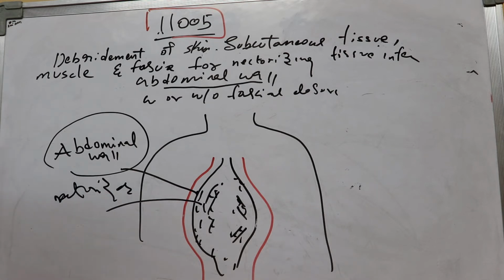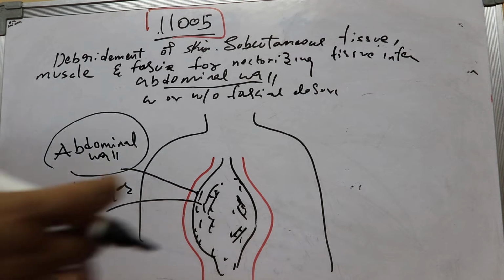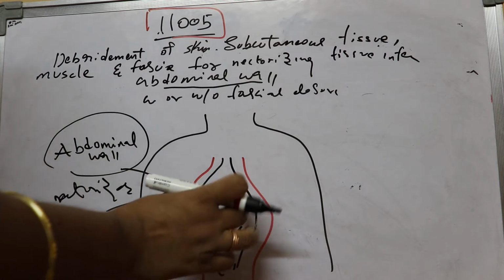The abdominal wall is the cavity surrounding the abdomen. It is the muscle covering the abdomen. What exactly the physician will do in this procedure is, this is the abdominal wall with necrotized infection.